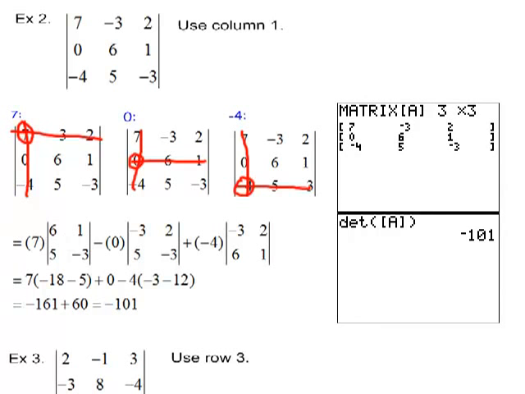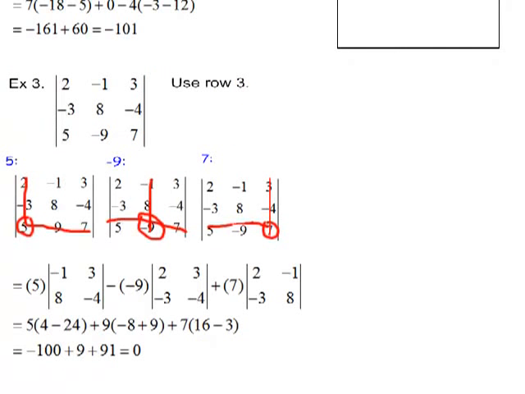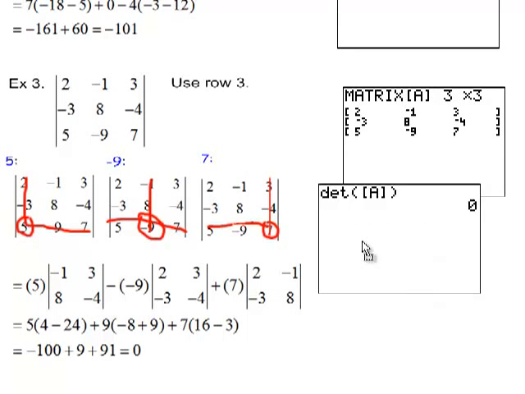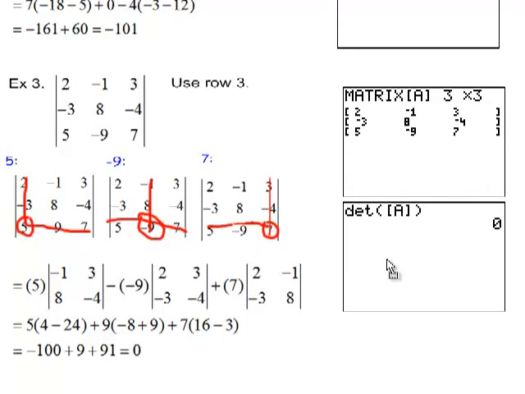Second example, I store the matrix for you, and the determinant is 0. So folks, you don't really need a book nor any additional material. Just make up your own matrix, walk through the cofactor method, practice the number, and use your calculator to check the answer.